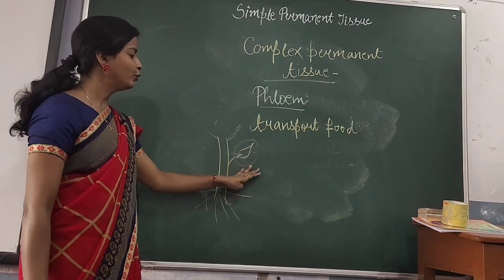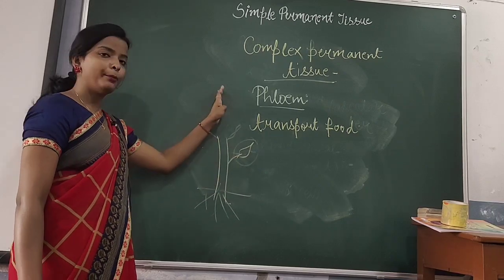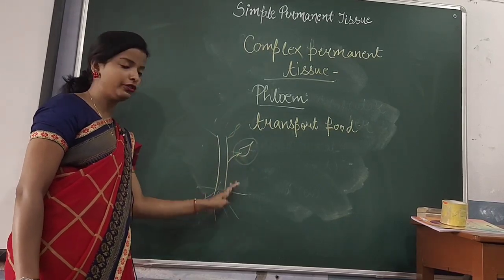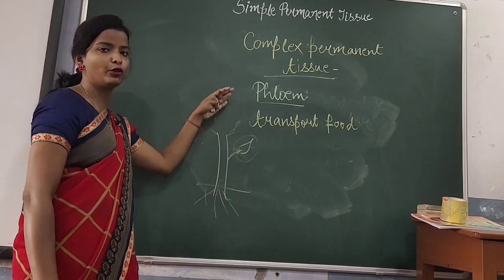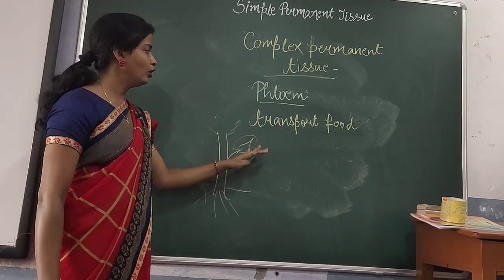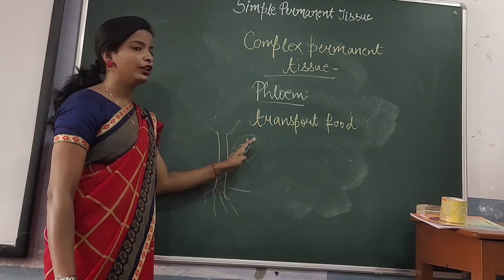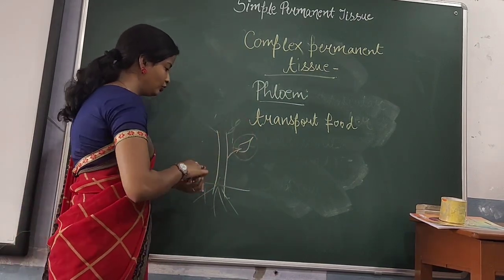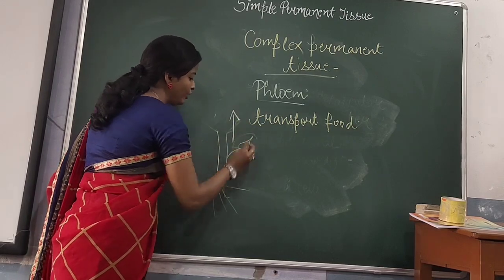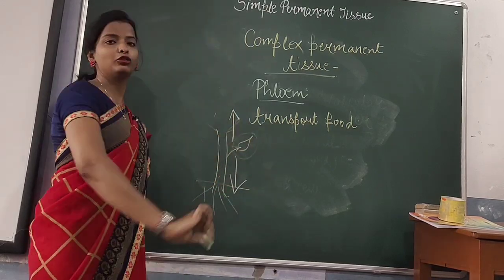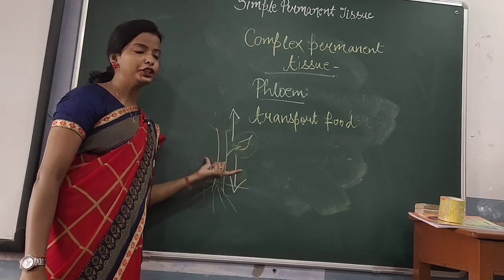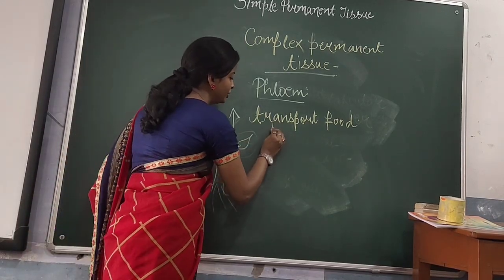Now this prepared food has to be transported to the upper side as well as the lower side, because food is required for the roots and lower branches as well as for the upper branches. So the phloem transports food in the upward direction as well as in the lower direction. So when we talk about the direction, it is bidirectional.